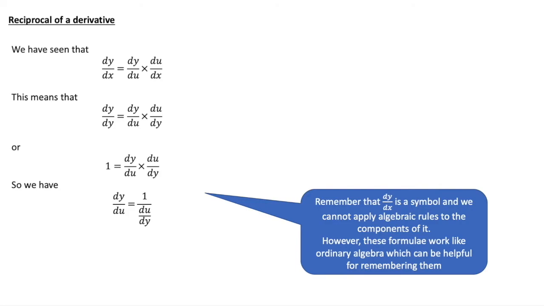But we must remember that when we say dy/du equals 1 over du/dy, we're not just dividing the top and bottom by dy. It isn't quite as simple as that, but it does work that way, so that helps us remember it.